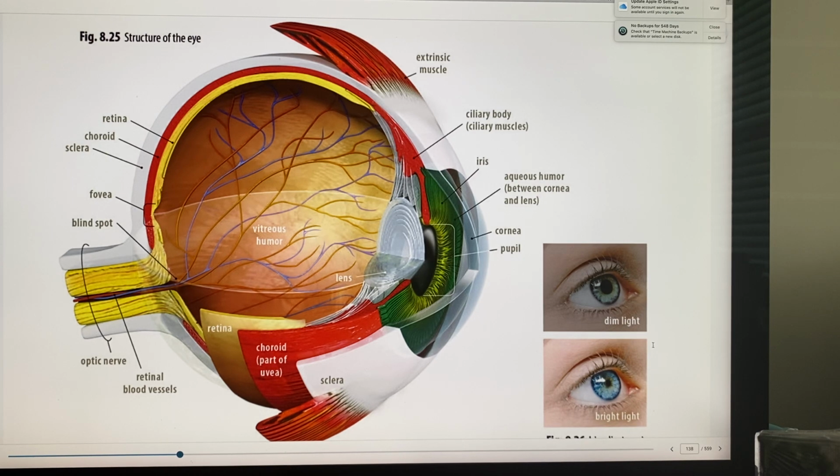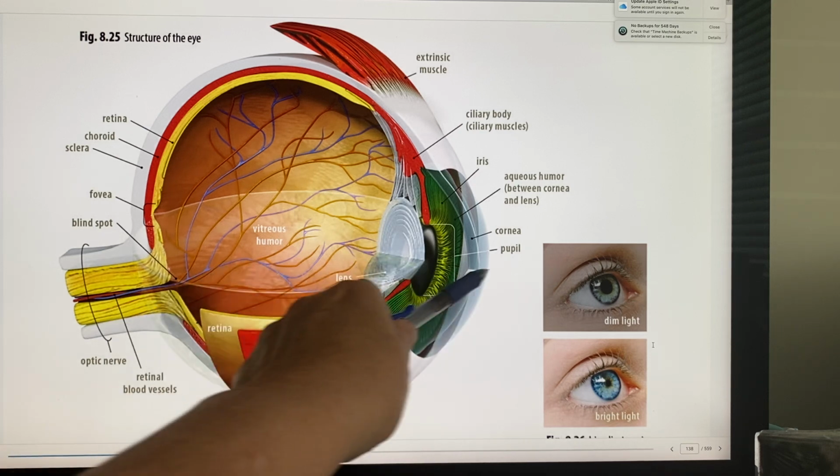And this curvature of the lens is accomplished by contracting the muscles, the ciliary muscles. So it's kind of complicated. When relaxed, the lens is partly flattened for distance, and it bulges to allow the eye to focus on near images. So here we have the lens.